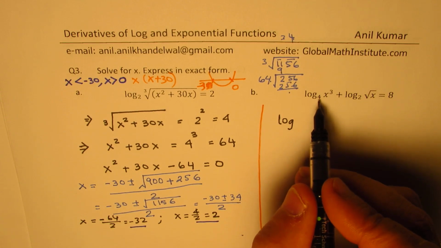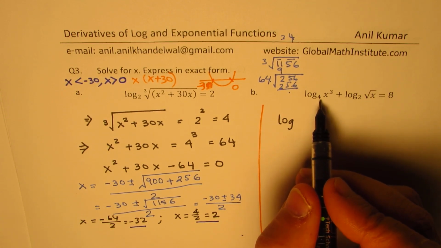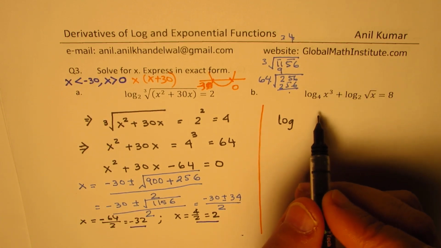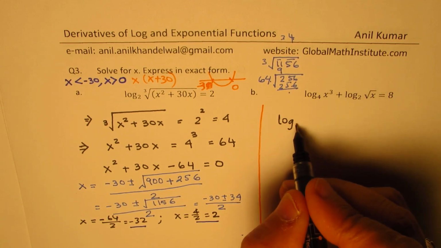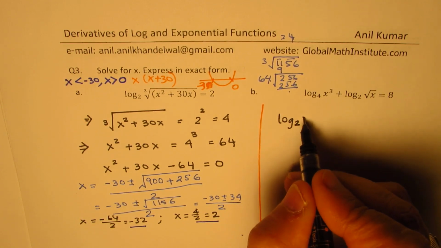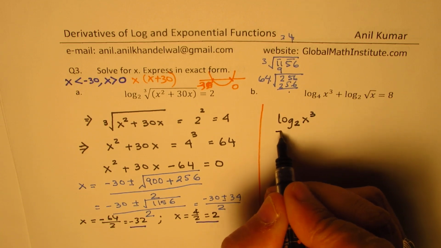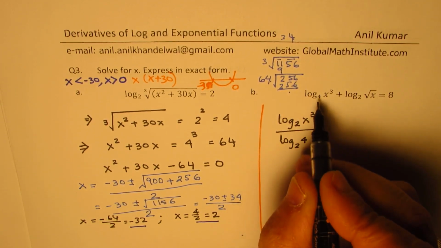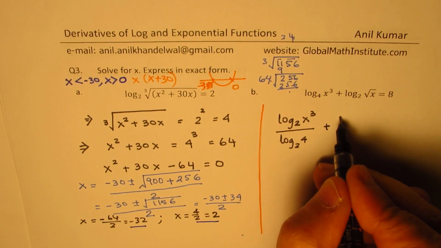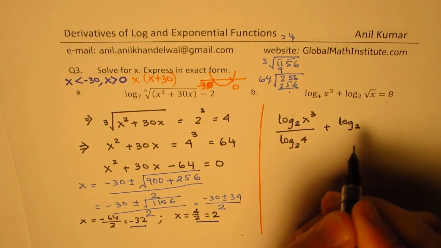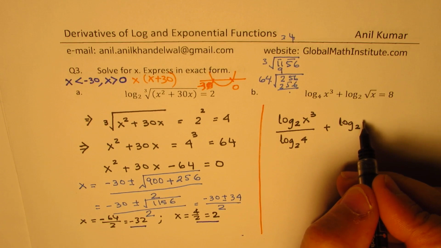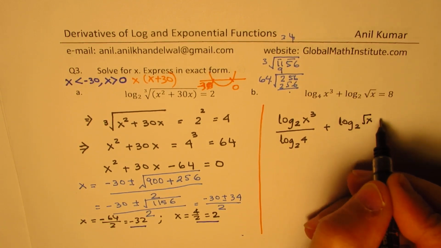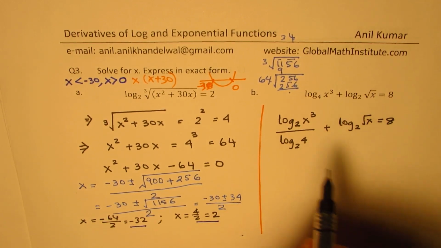If I change the base to 2, then we get log to the base 2 of x cubed over log to the base 2 of 4, right? The first expression. Plus we have log to the base 2 of the square root of x equals 8.